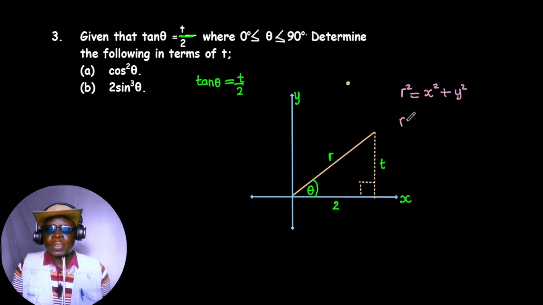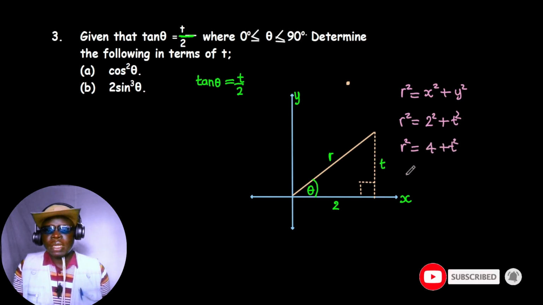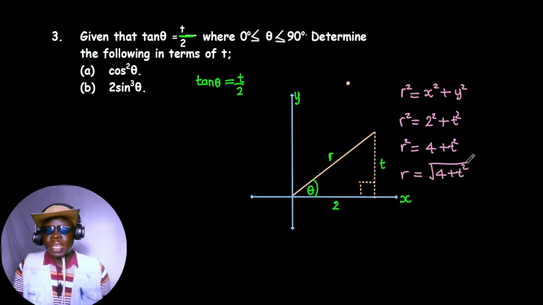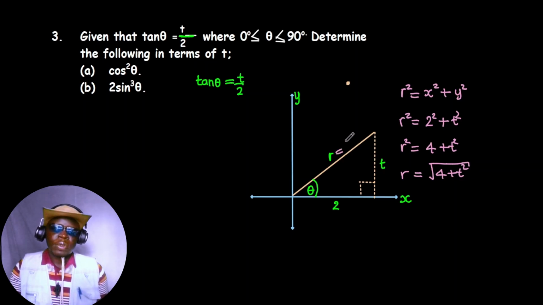This is from Pythagoras theorem. Therefore, x is 2 square and y is t square. So we square 2 to 4, and here we have t square. Taking the root on both sides, and knowing that we are looking for the hypotenuse, which is always positive, we simply write it without the positive or negative. So we have root of 4 plus t square.